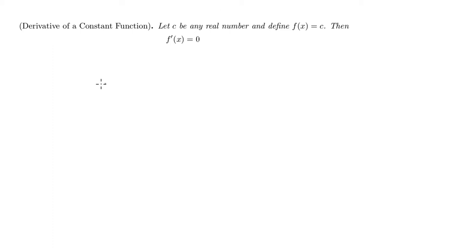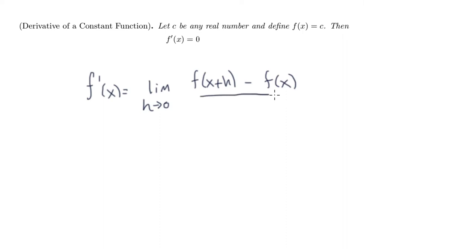So f prime of x, just by definition, is the limit as h goes to 0 of f of x plus h minus f of x all over h. Okay?